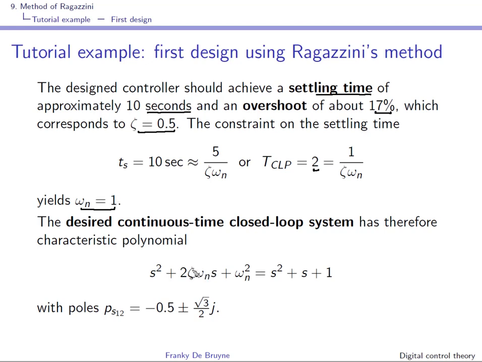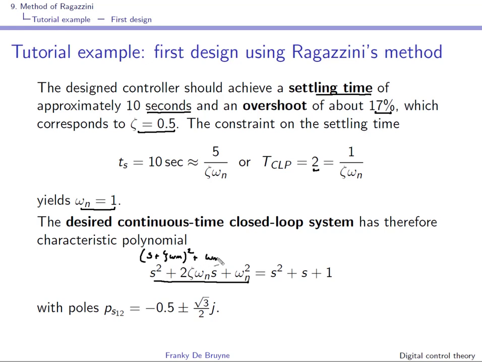So the desired continuous time closed loop system has a characteristic polynomial that is given over here. From that you can compute the closed loop poles. It's easy, you'll just have to complete the squares. So s plus zeta omega n squared, so this will produce this one and this one. What you'll have too much is zeta square omega n squared, so you'll have to subtract it.